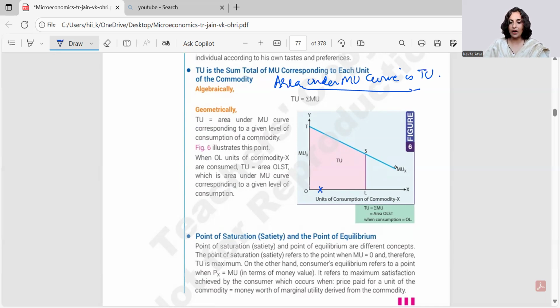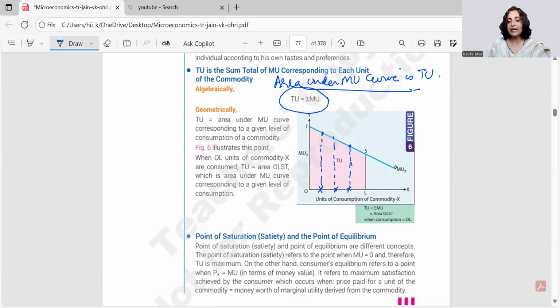For example, for 1 unit, the marginal utility is this, right? Then for 2 units, the marginal utility is this. For 3 units, the marginal utility is this. But when we club, what do we know about marginal utility? The sum total of all the marginal utilities is the total utility.